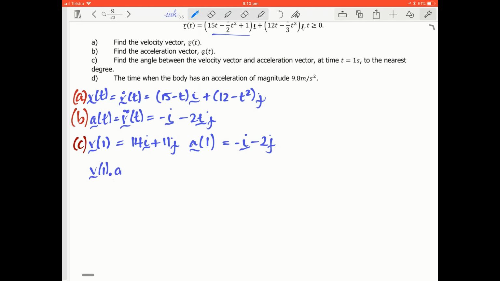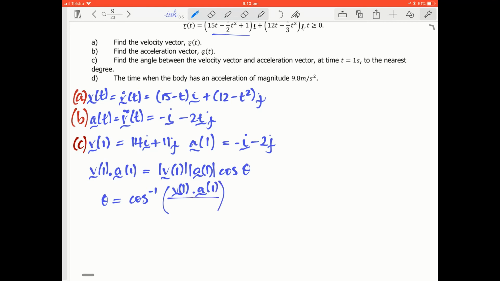Now, if I want to find the angle between these two vectors, we know v1 dotted with a1 is equal to the modulus of v1, the modulus of a1 cosine of the angle between them. So we can say theta is equal to cos inverse of v1 dotted with a1 over mod v1 mod a1.